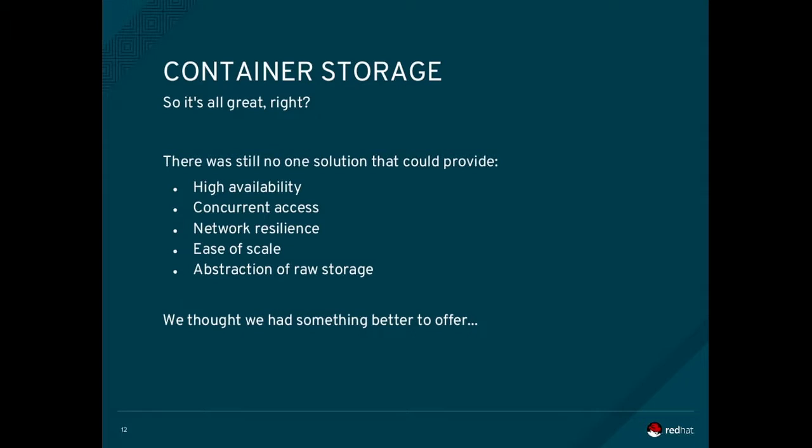Ease of scale and flexibility of consumption, right? You have a big chunk of block device, an abstraction of raw storage. They go in the same direction, right? If you have this big block device, you want to consume that flexibly, like, oh, I need 100 gigabytes here, I need 50 gigabytes there, or how do I consume that? How do I chop it up into usable units?